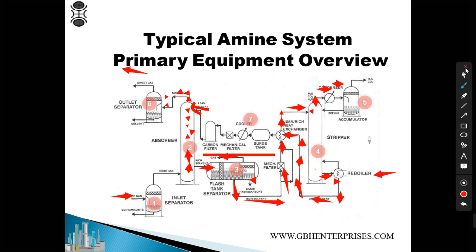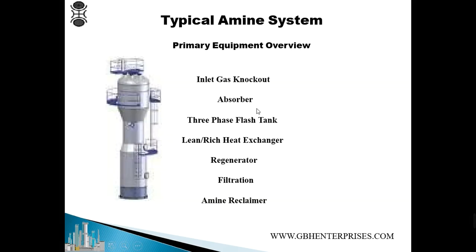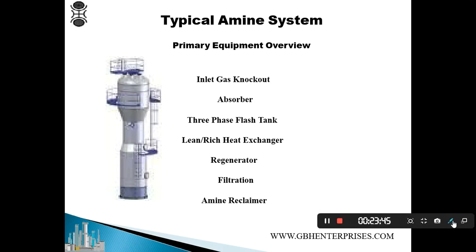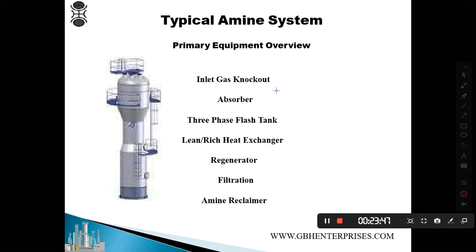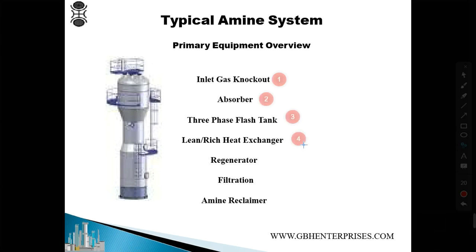So these are the seven main amine process components. The major components are knockout drum, absorber, flash tank, exchanger, regenerator, filtration process, and amine regeneration. These are used here mostly to remove the H2S and CO2.